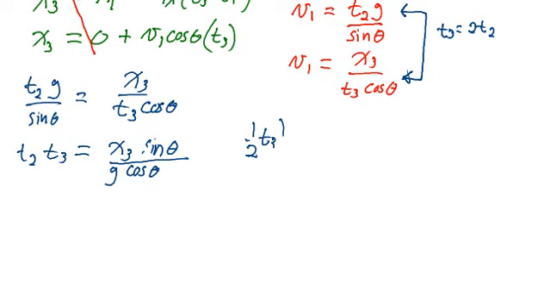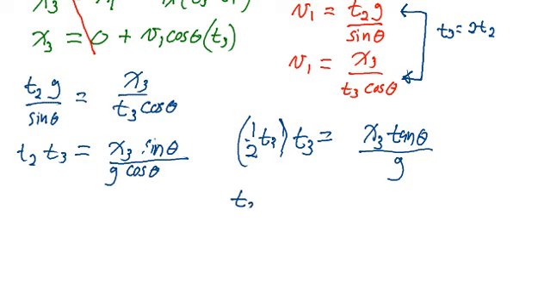So 1/2 of t3 multiplied by t3 is equal to the right-hand side, which is x3 times the sine over the cosine, which is the tangent of the angle, divided by g. Now if I multiply through by 2, I get t3 squared equals 2x3 tangent of theta divided by g.